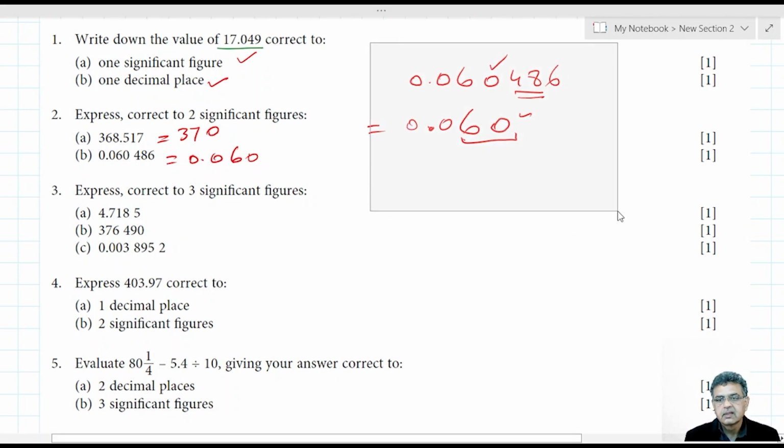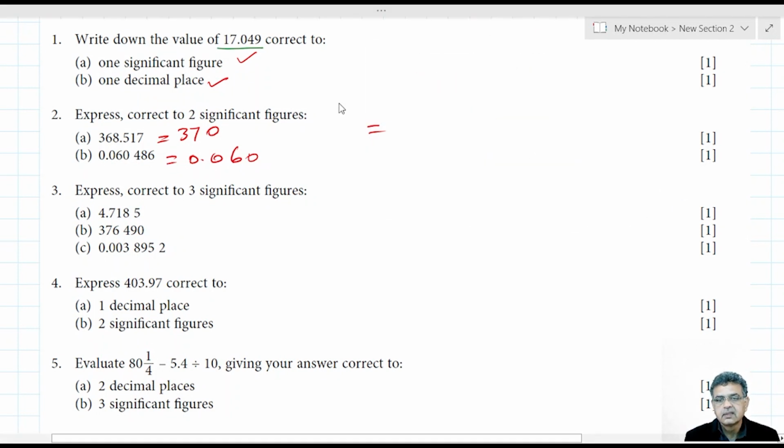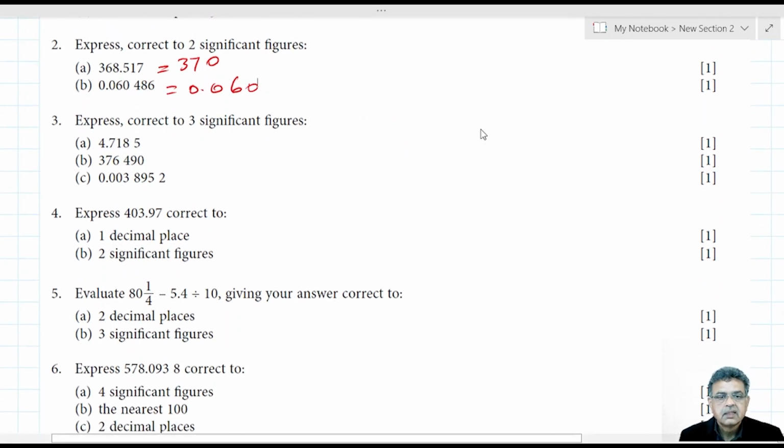Okay, now the next one, express correct to three significant figures. 4.7185, correct to three significant figures, 4.7. While deciding about the significant figures, we won't consider the decimal.